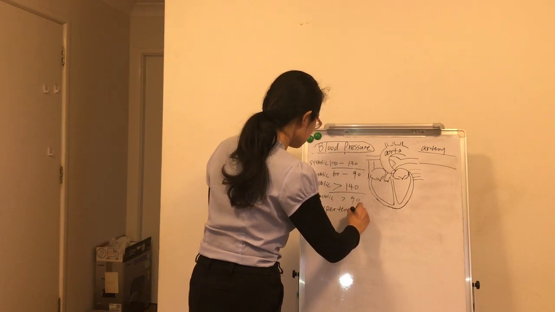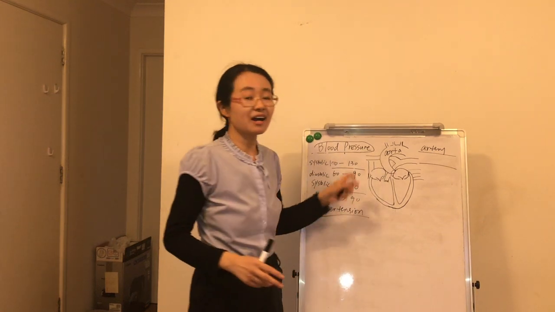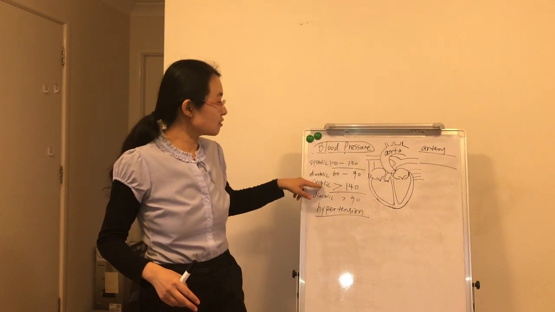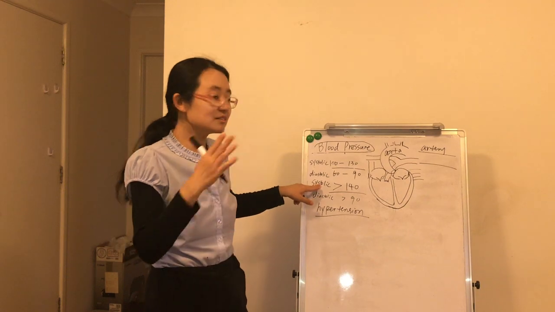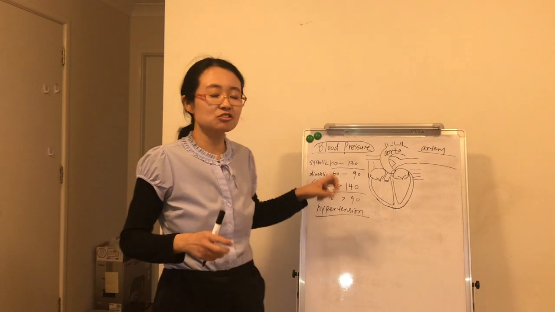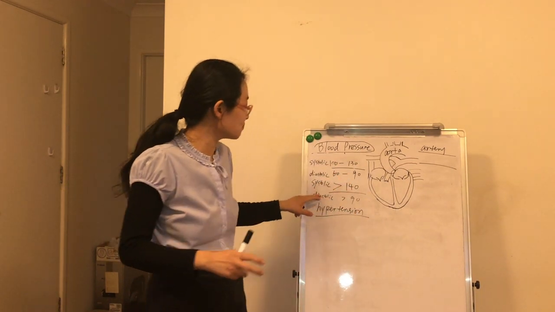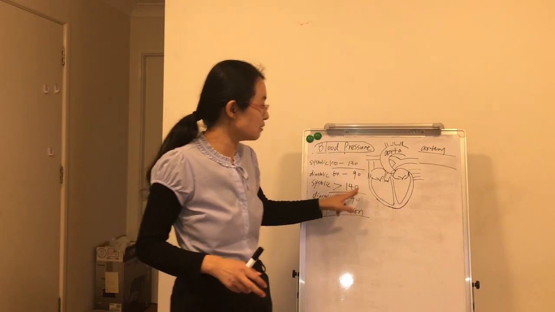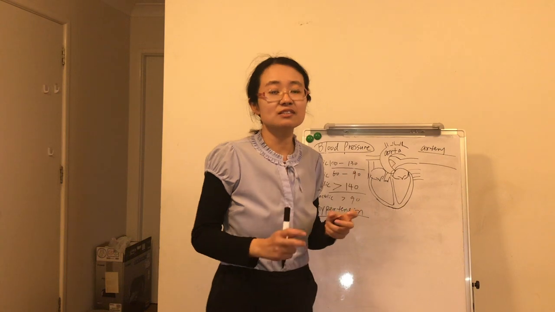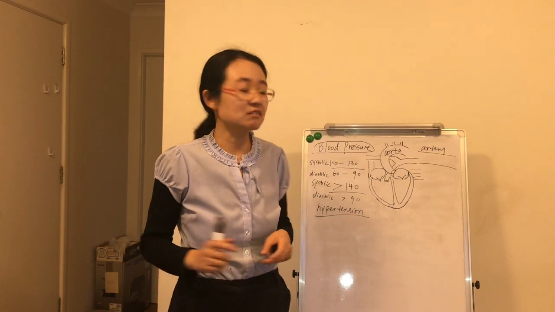Hypertension means high blood pressure. We focus more on the systolic and pay less attention to diastolic, because systolic is more important than diastolic. So if systolic is above 140, it's hypertension. That means it's really risky. You have to receive more treatments.